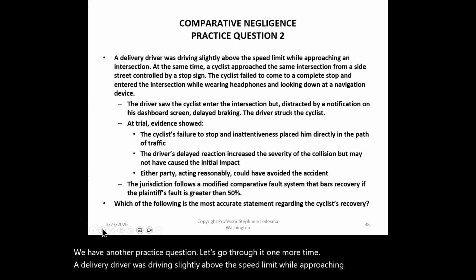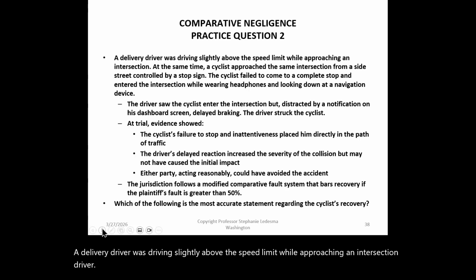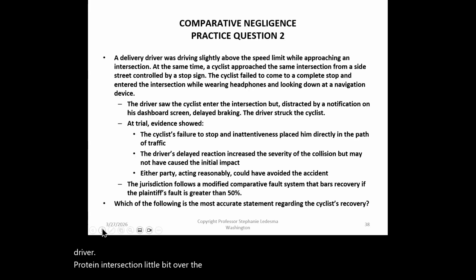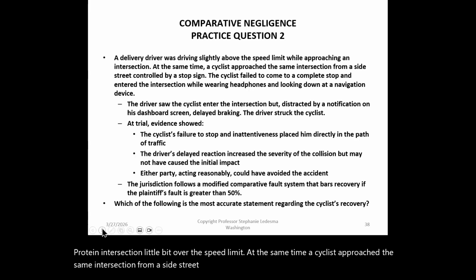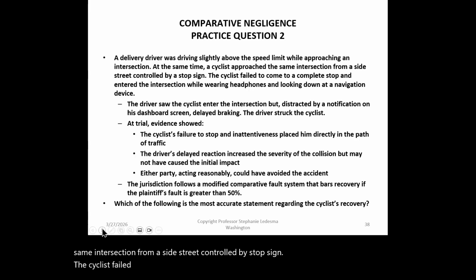At the same time, a cyclist approached the same intersection from a side street controlled by a stop sign. The cyclist failed to come to a complete stop and entered the intersection while wearing headphones and looking down at a navigation device.